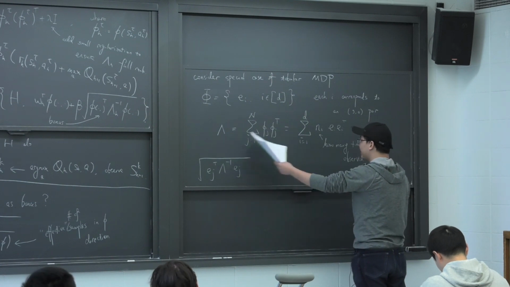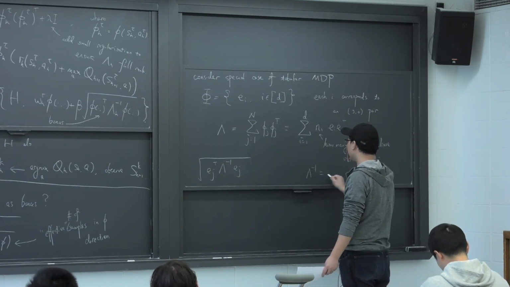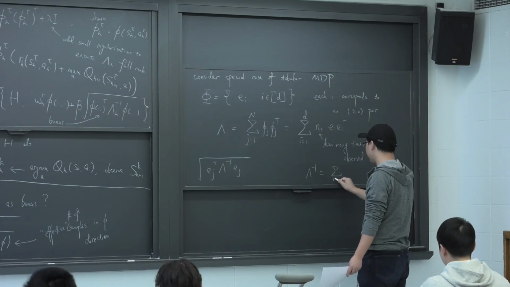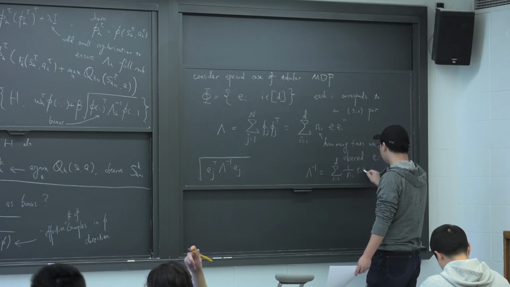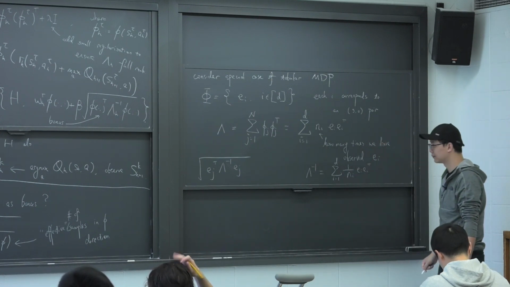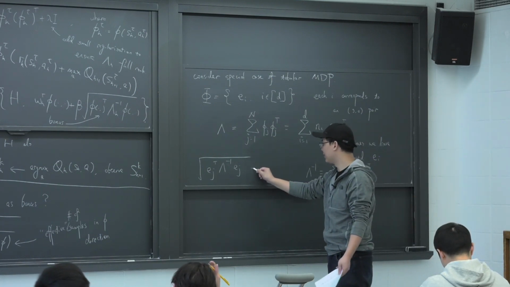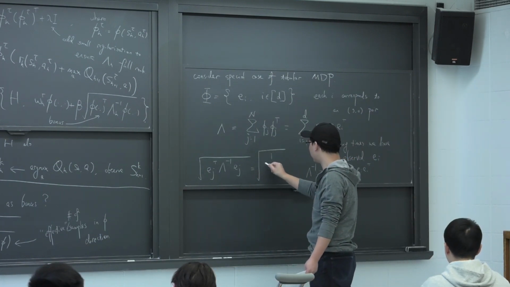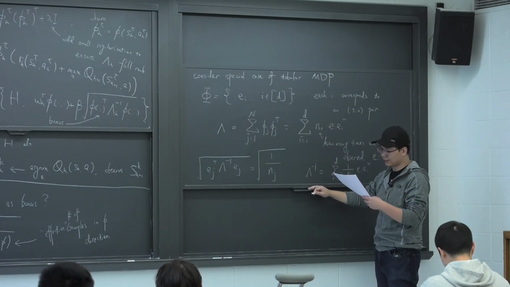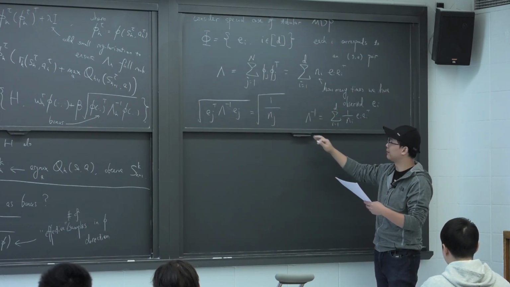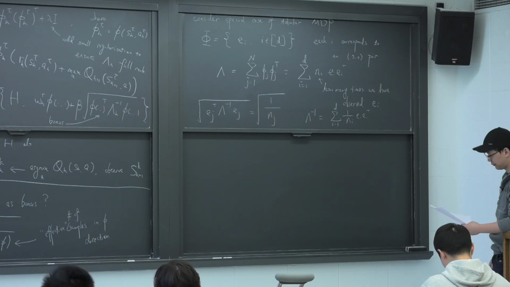Because we know lambda is of this form, lambda inverse is of the form summation i from 1 to d, 1 over N_i, e_i e_i transpose. And this bonus function is exactly equal to 1 over N_j, which essentially corresponds to the confidence bounds we have for the tabular setting.